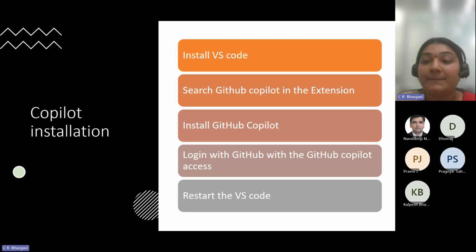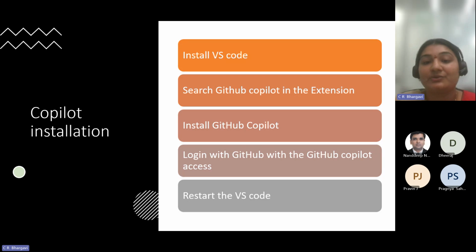GitHub Copilot is free for students. Students who are currently pursuing their studies can apply with their ID card, and if they submit it, they get GitHub Copilot access for free and can go ahead and use it.